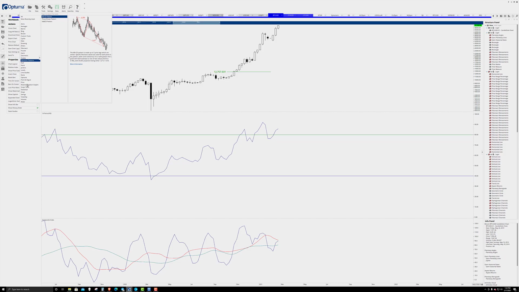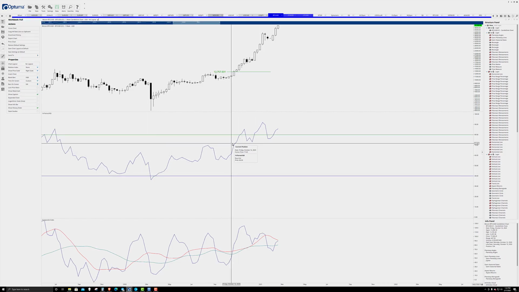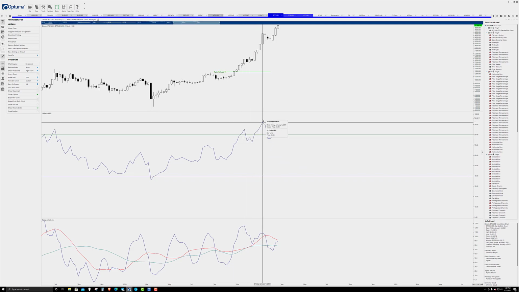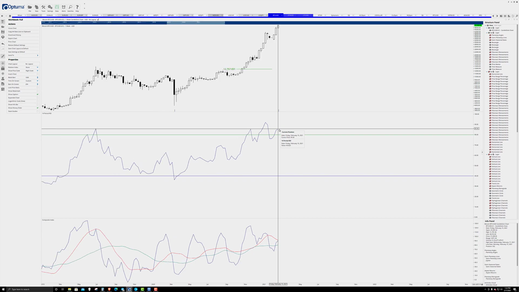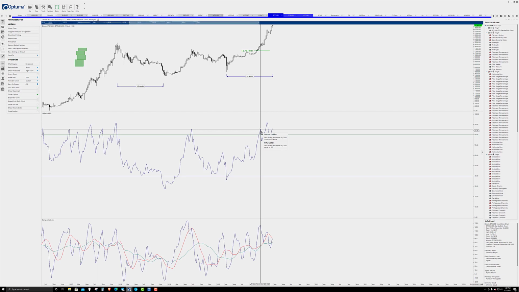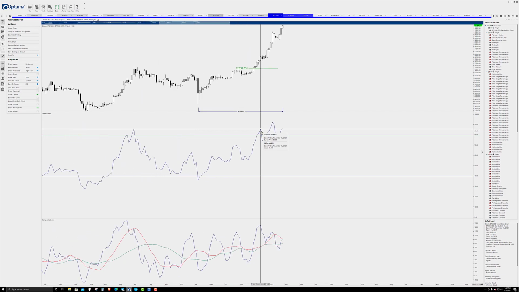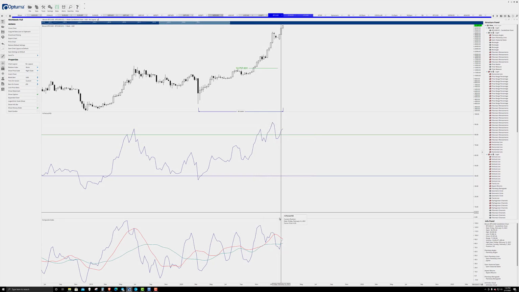You can see here's the left shoulder, here's the head, and then we could be forming the right shoulder. We're currently right up against an historical resistance level in the RSI for Bitcoin, and we are creating these higher highs with these lower highs.